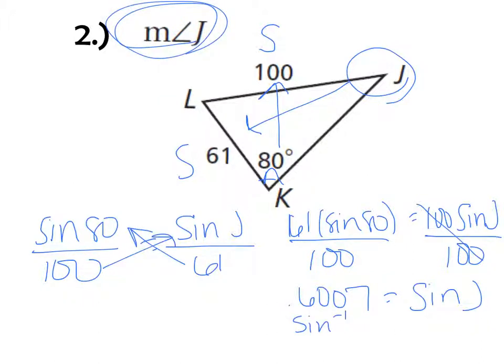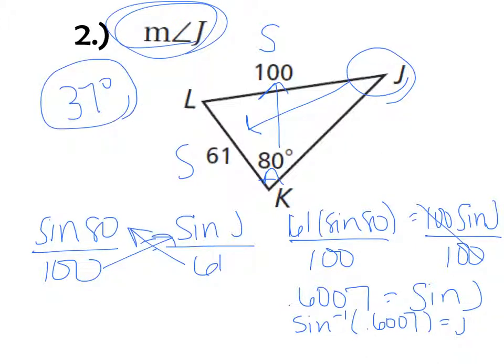So I'm going to do the sine inverse of 0.6007, and out will pop angle J. So sine inverse of 0.6007, and I get 37 degrees. Again, that seems like a reasonable answer. If 80 degrees produced a side that was 100, then 61, that should be a significantly smaller angle. So it is almost half, or a little more than half. Okay.